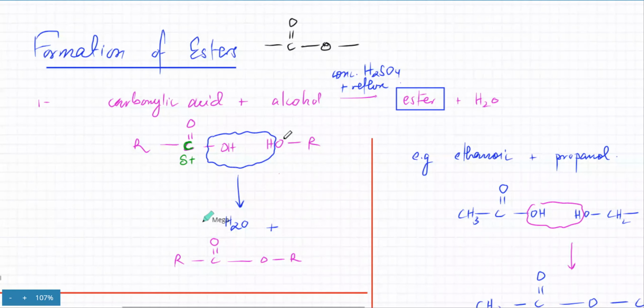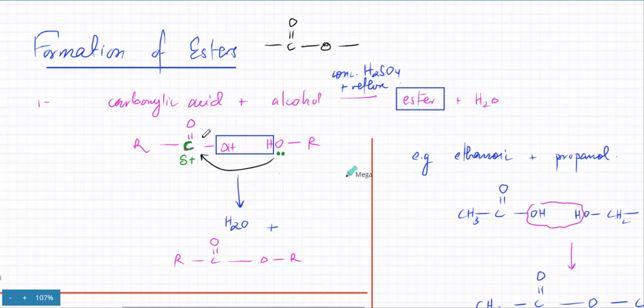And the oxygen over here in OH has lone pairs. So when this reaction happens, the lone pairs on oxygen are very strongly attracted to the carbon that has a partial positive charge. So the H and OH in the middle get knocked out.